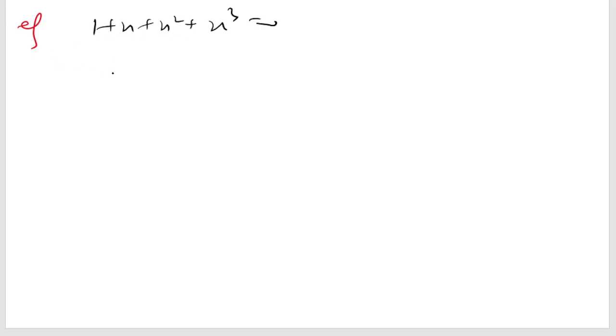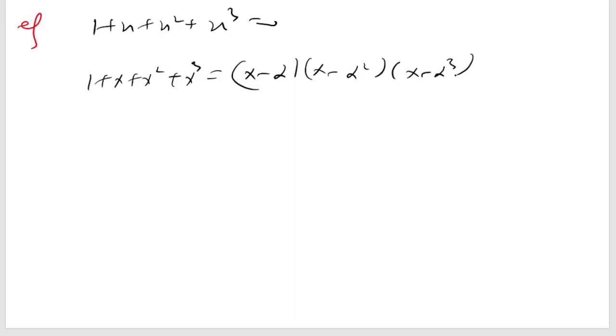So I can write 1 plus x plus x square plus x cube is equal to (x minus alpha)(x minus alpha square)(x minus alpha cube), and what is alpha here? e to the power i 2 pi by 4.